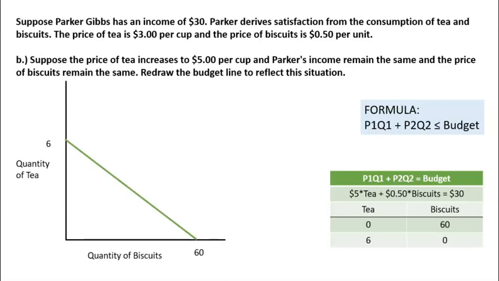Your pinpoint for quantities of tea is 0, and biscuits are 60, which would give you down to this point here on the bottom of 0 and 60. Then, if you had 6 cups of tea and 0 biscuits, you would find yourself up here and draw the line in between.